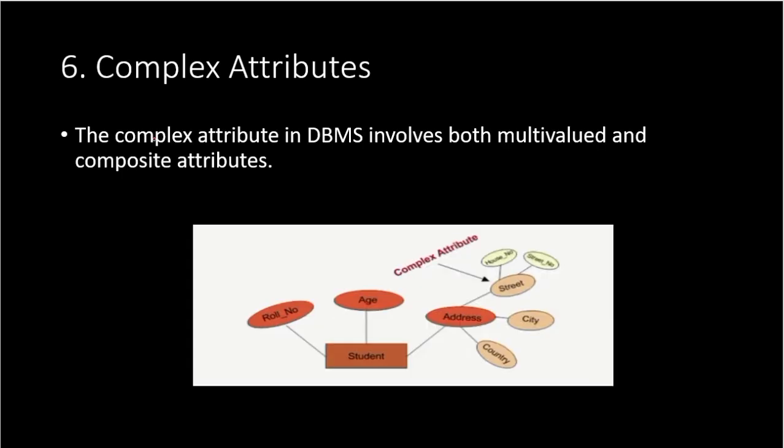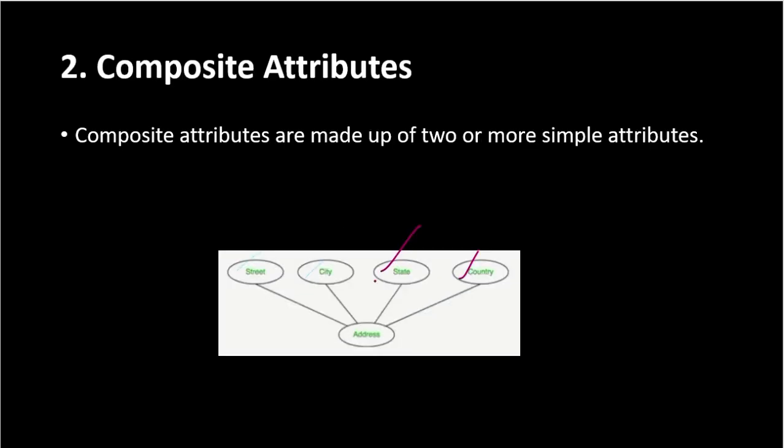And the sixth one is the complex attribute. Complex attributes in databases involve both multi-valued and composite attributes. So once again, go to the composite attribute, the second one. A composite attribute is made up of one or more simple attributes.